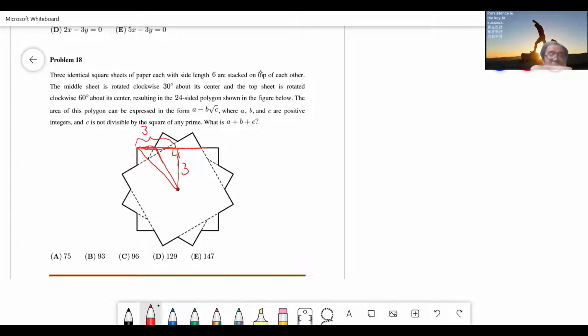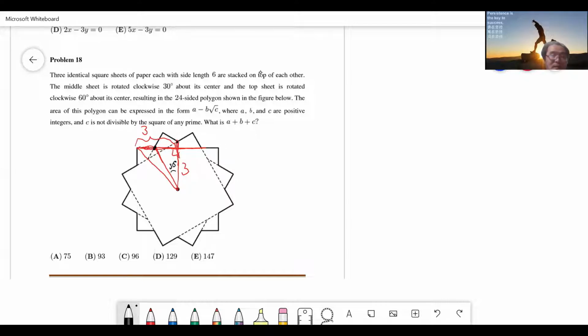Okay, so if you extend this one, you should expect this is going to meet this one, right? So from this point, it goes to this one. This is just the rotation of 30 degrees. Right?